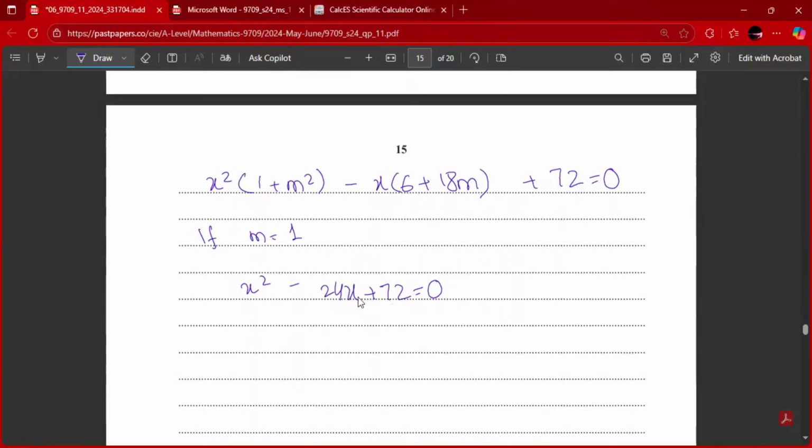This does not factorize. It should factorize to get an answer, but it's giving a long answer.